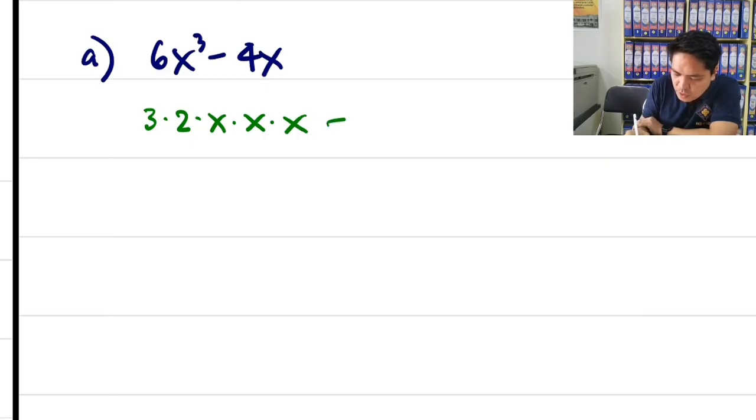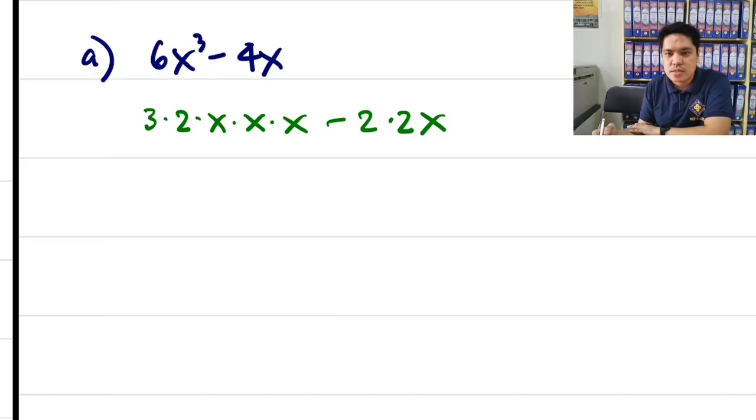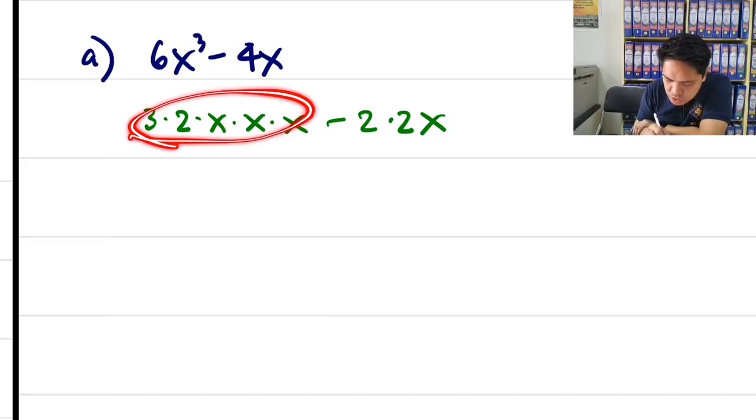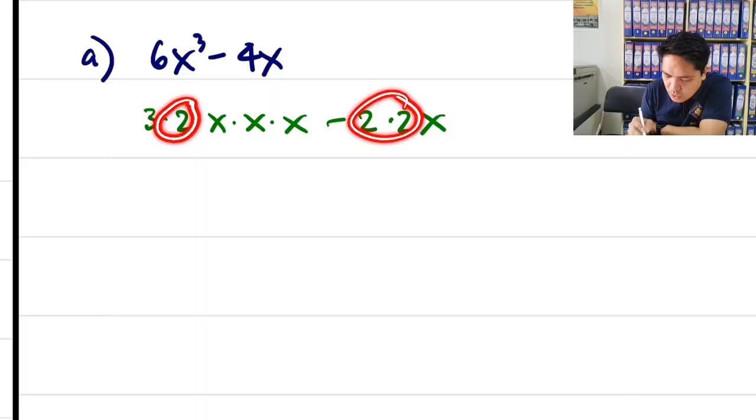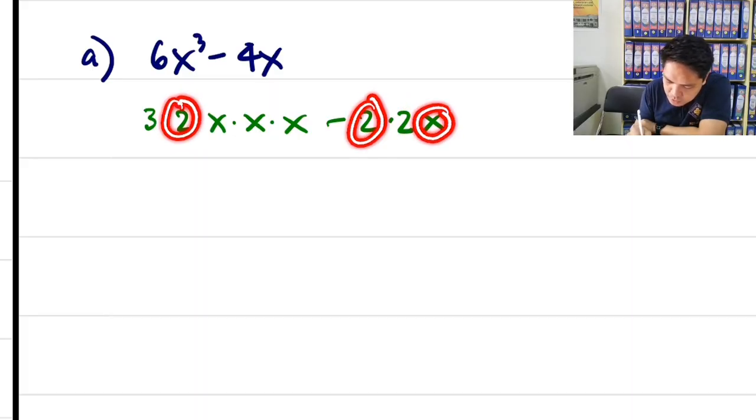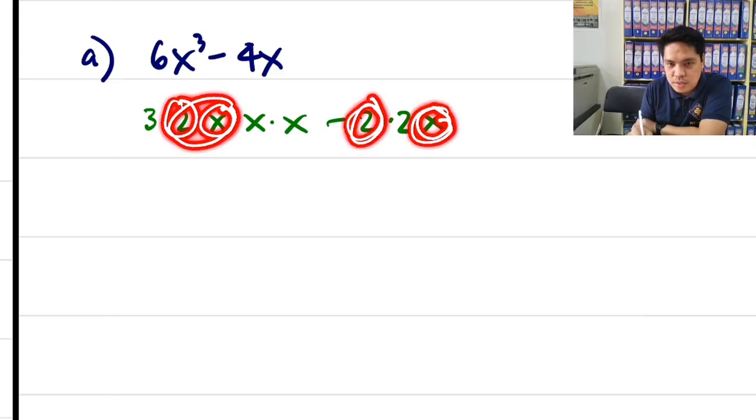Minus 4, whose factors are 2 times 2, and we have one x. The 2 is common, and the x is common. So the common factor is 2x. There is a 2x here and a 2x here.